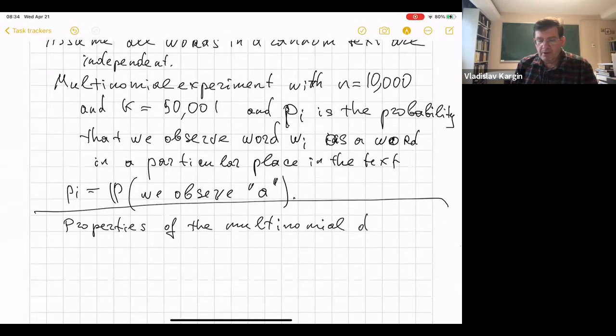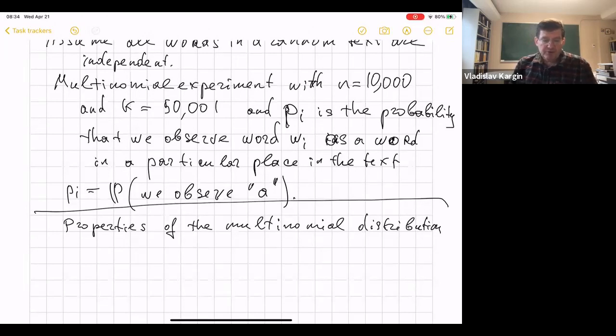When we talk about a multivariate distribution, we will usually talk about the marginal distributions, maybe about conditional distributions, and the expectation of every single random variable.